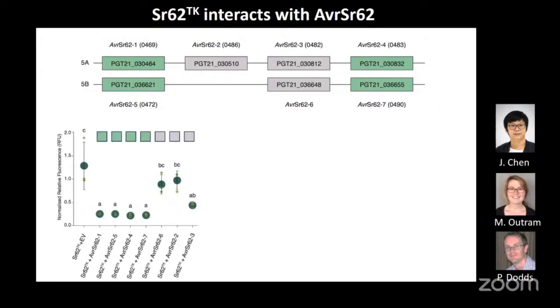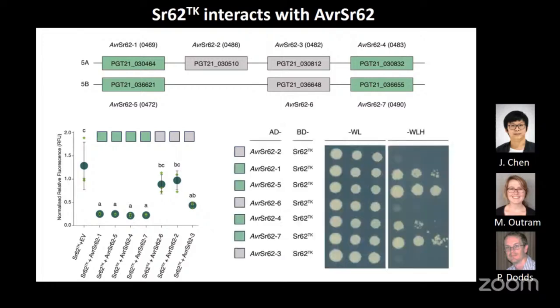They were able to validate these in a protoplast assay. They could isolate protoplasts from wheat and deliver the corresponding effector with the wheat tandem kinase and elicit a hypersensitive cell death, which is measured by quenching of a reporter gene that gives fluorescence in this system.